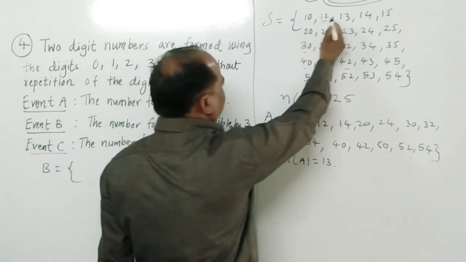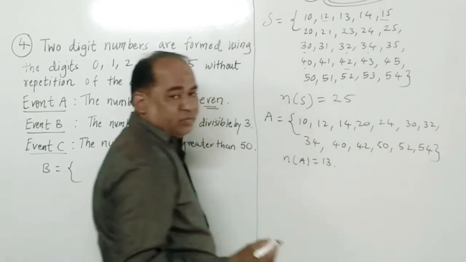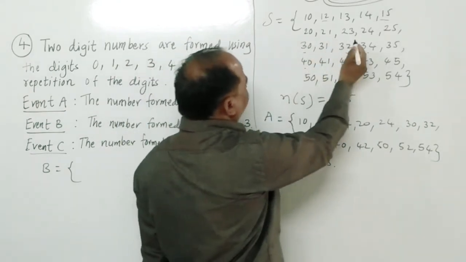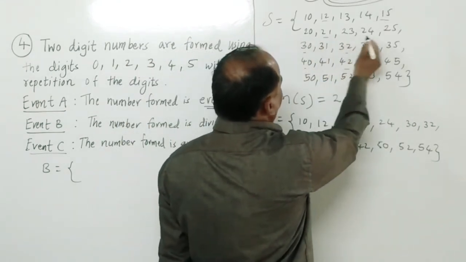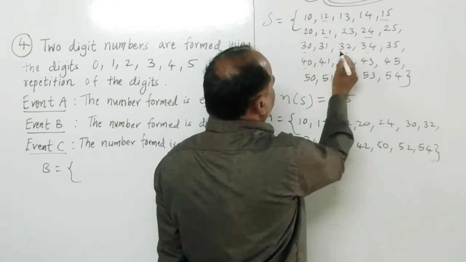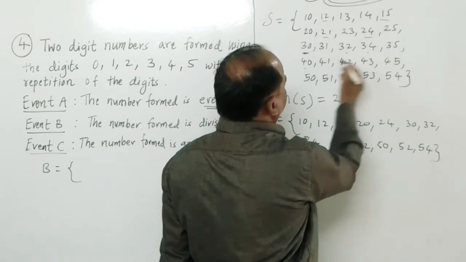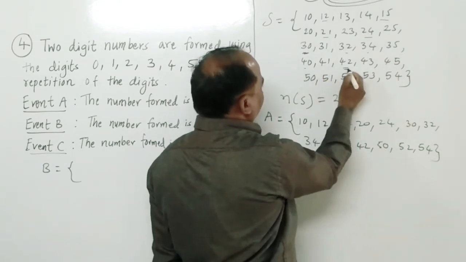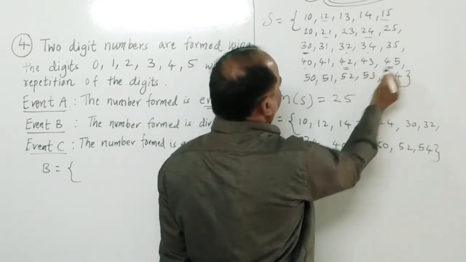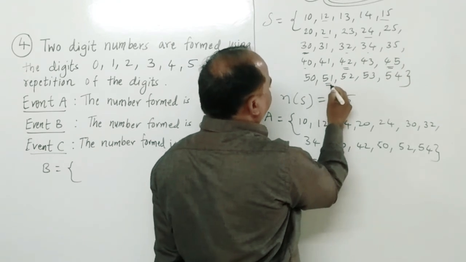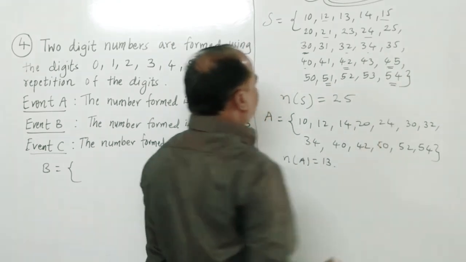Here 12 is the first, 15, 21, 24, 30, 42, 45, 51 and 54.